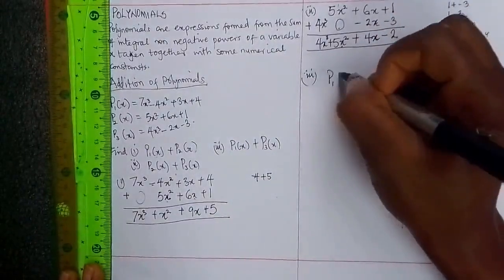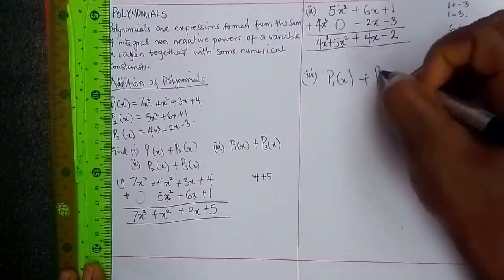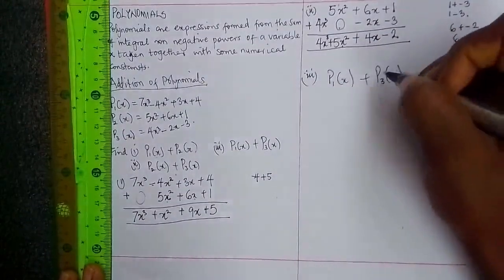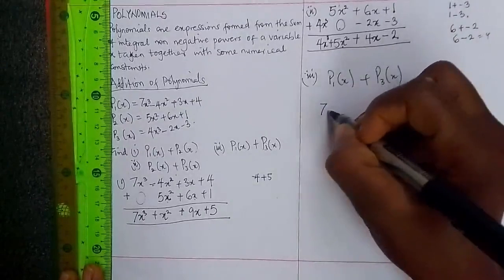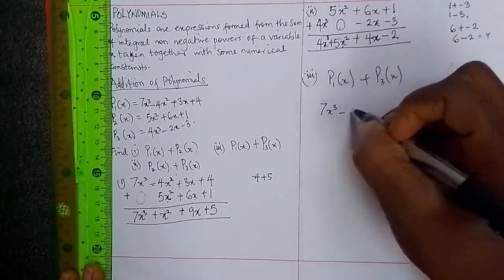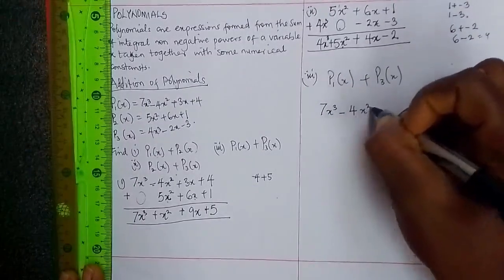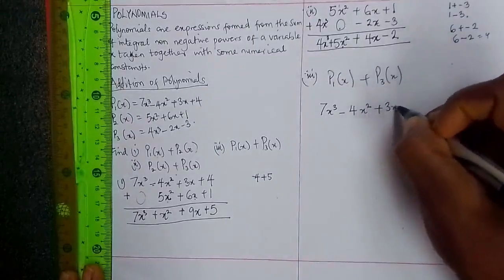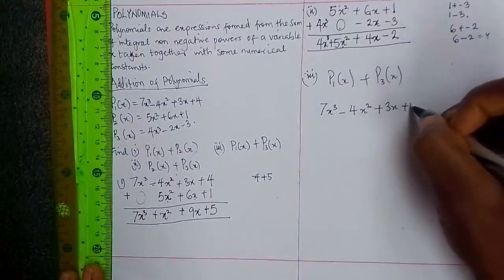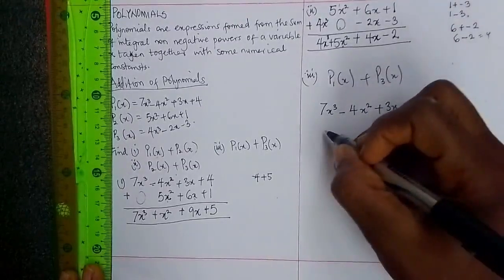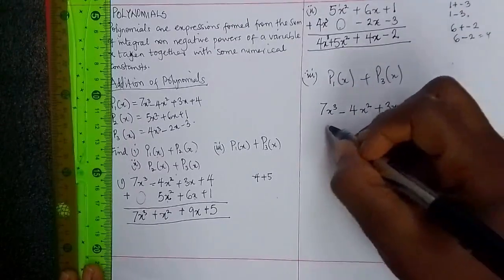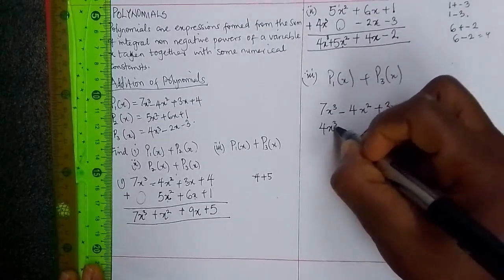is p1 of x plus p3 of x. p1 of x is 7x raised to the power of 3 minus 4x raised to the power of 2 plus 3x plus 4. Then p3 of x is 4x raised to the power of 3.